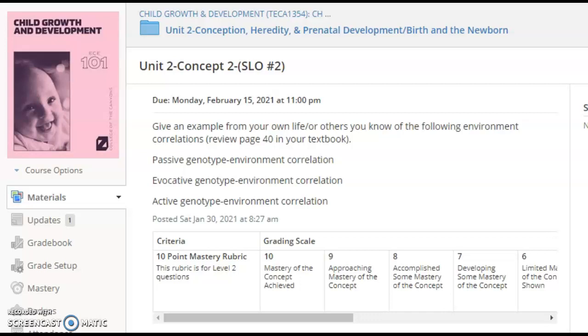Okay. The next correlation is the evocative, I never know how to say that one, the evocative genotype environment correlation. This refers to how the social environment reacts to individuals based on their inherited characteristics. The example given in our book is whether one has a more outgoing or shy temperament, it'll be affected in how they treat others.